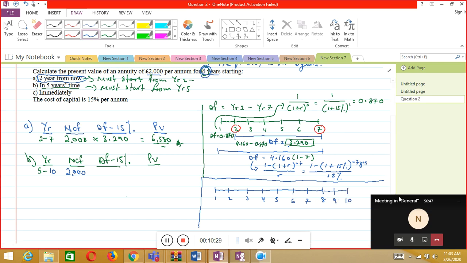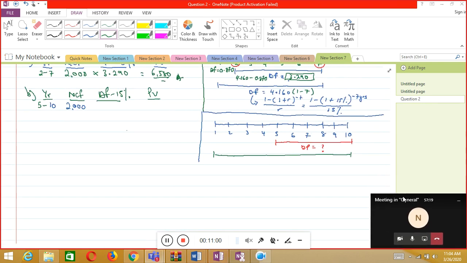Okay, so you need a 10 years timeline because this is for 10 years already, but you guys need to find the discount factor from which year to which year, 5 to 10. We need to find this question mark. So in order to find that, we need to find from 1 to 10 first, the discount factor.